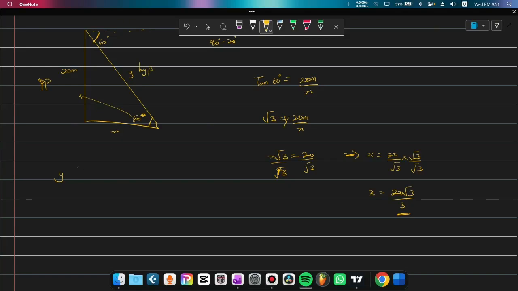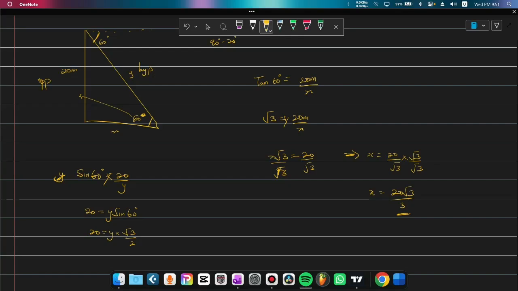Definitely I know I'm using sine, because sine has opposite and hypotenuse. So I could say that sine 60 is equal to opposite, which is 20, over hypotenuse y. I could cross multiply and say 20 is equal to y sine 60. Therefore, 20 is equal to y multiplied by root 3 over 2.